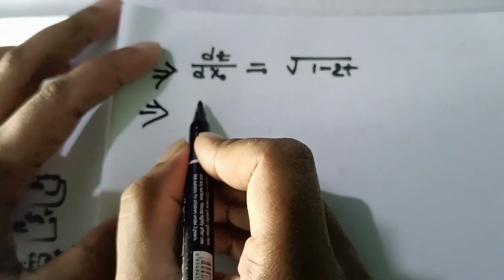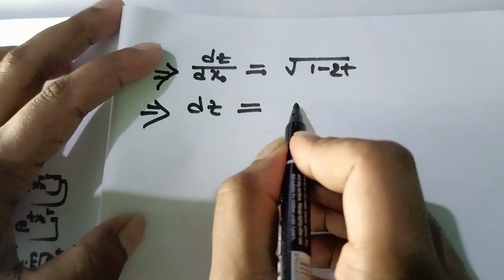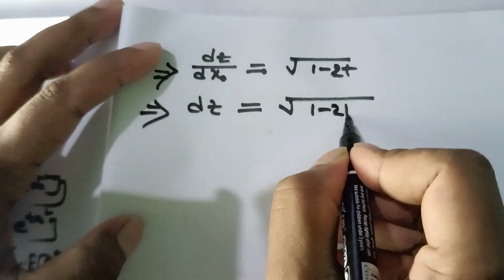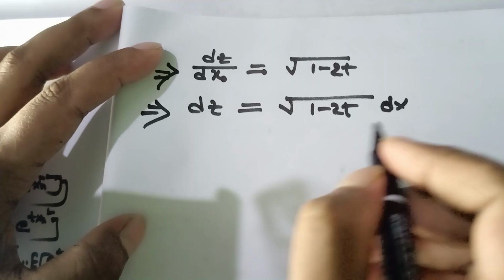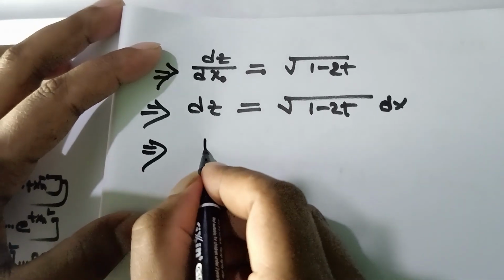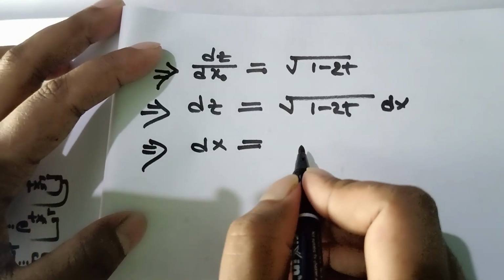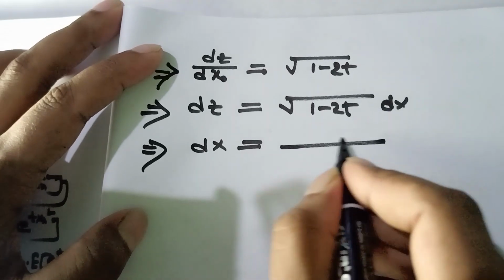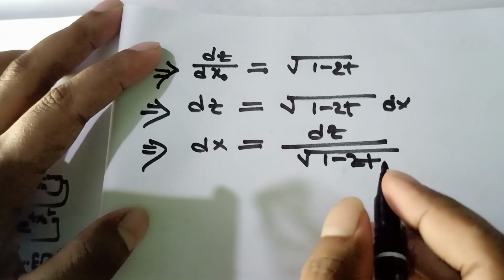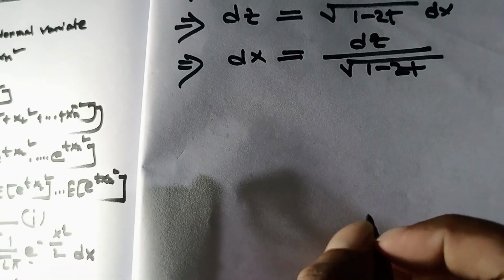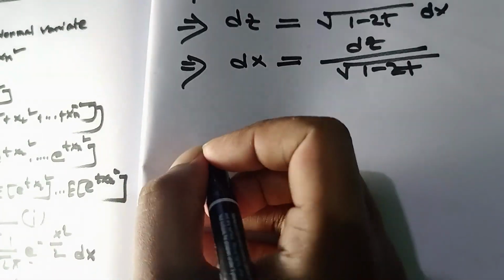Taking dz on one side, I can write dz equals root over 1 minus 2t times dx. If I want to write dx, then dx is equal to dz divided by root of 1 minus 2t. Yes. Now my supposing case is done.